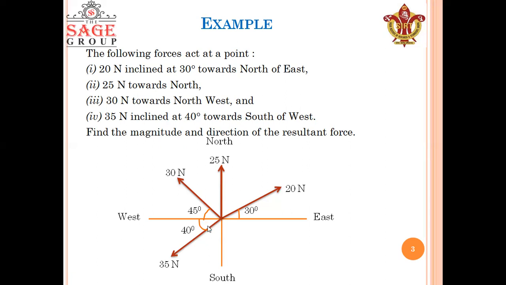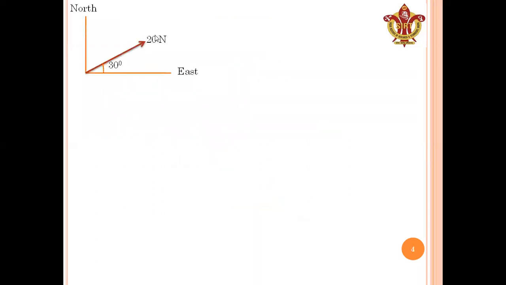So this is one of the problems. Now we have to resolve all the forces one by one and calculate the magnitude and direction of the resultant force. First of all, we will take the 20 Newton force, inclined 30 degrees from the east. After the resolution, there are two components: the horizontal component and the vertical component.